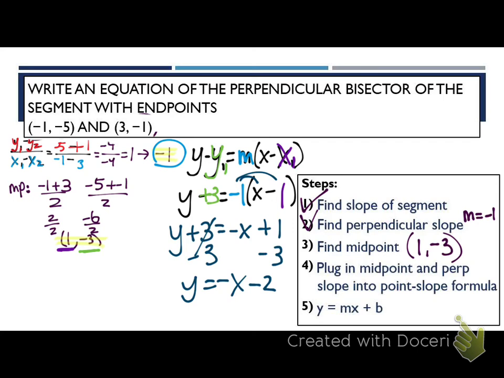Definitely did it wrong. This isn't perpendicular. You got it right.